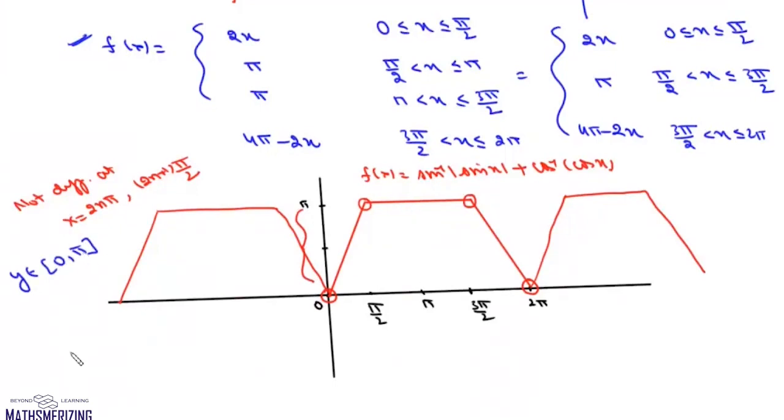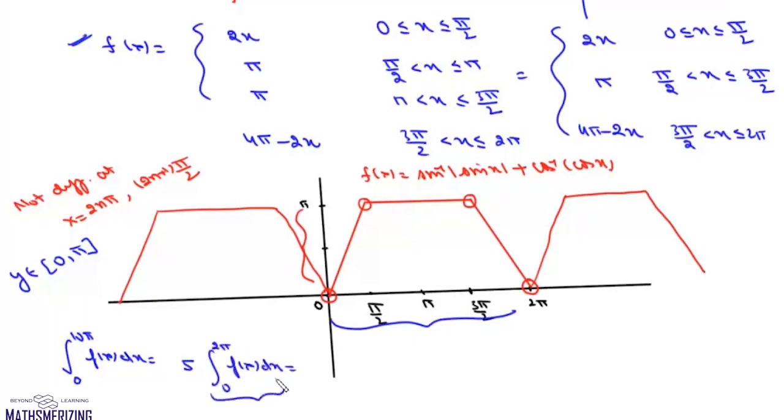Now we need to find the value of this integral from 0 to 10 pi of f(x) dx. Now since this function is periodic with period 2 pi and 10 pi is a multiple of 2 pi, we can simply write this as 5 times the integral from 0 to 2 pi of f(x) dx, and this integral from 0 to 2 pi of f(x) dx is nothing but the area under this trapezium. So we can simply write this as 5 and then 1 by 2 times the sum of lengths of parallel sides.